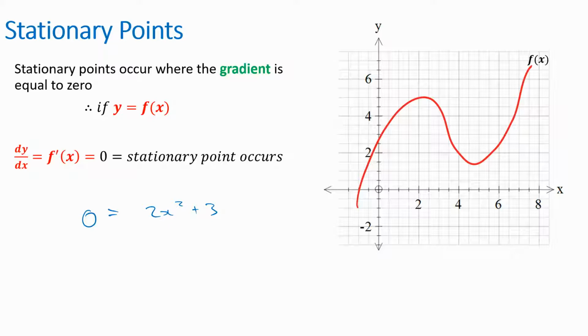It doesn't mean that you understand it, but you writing down stationary point occurs when the derivative equals 0, and then you take this step, it's okay. So make sure when you're doing the questions, anything with stationary points, maximum minimums, write that line in. Okay? Derivative equals 0 for stationary points to occur.